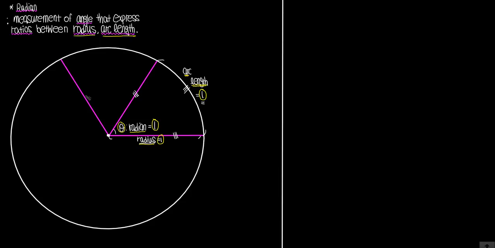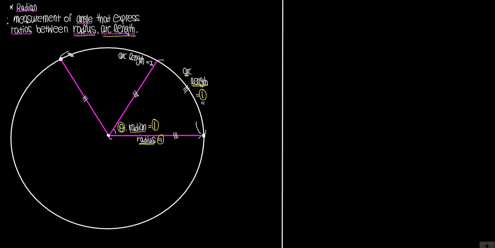The radius of our sector is the same, but the only thing that is different is the arc length. The arc length of this sector, all the way to here, will be 2. So let's say the arc length is equal to 2.